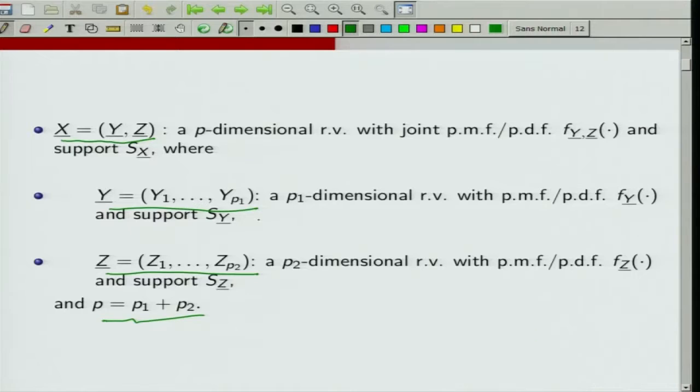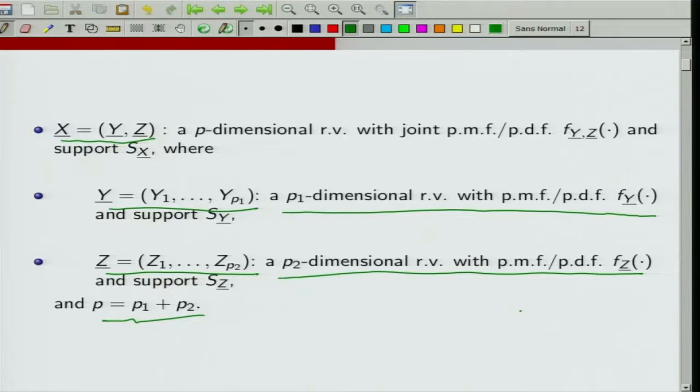So, that is why we are saying that y is a p1 dimensional vector with PMF or PDF Fy, and z is a p2 dimensional random vector with PMF or PDF Fz. So, x is either absolutely continuous, in which case it has a PDF, or it is discrete, in which case it has a probability mass function.